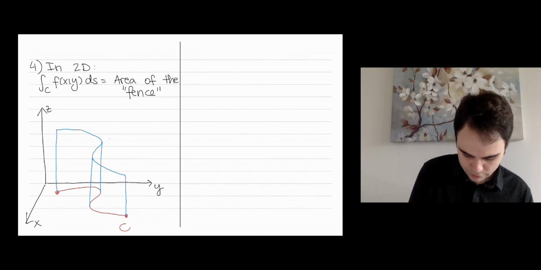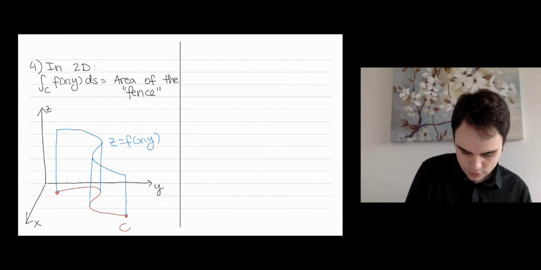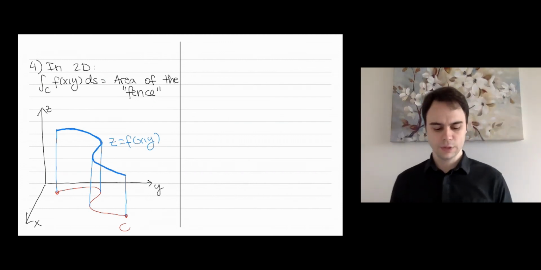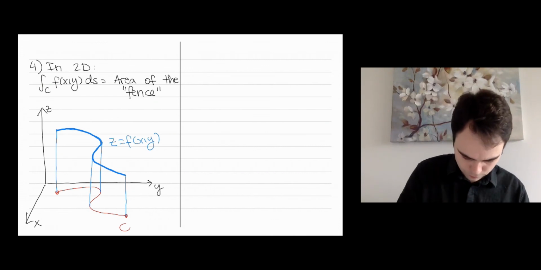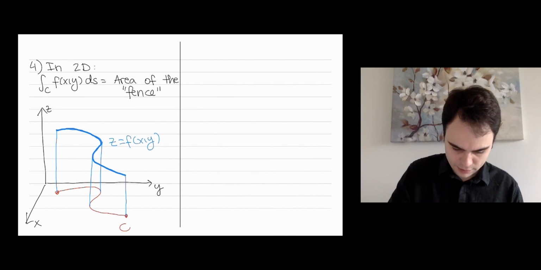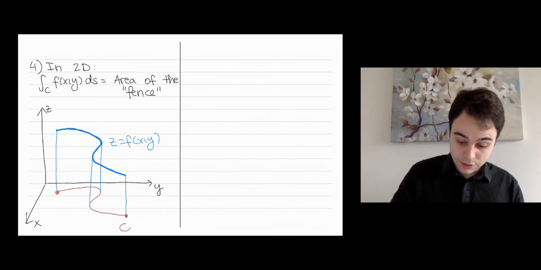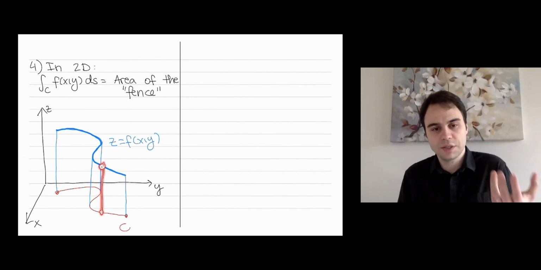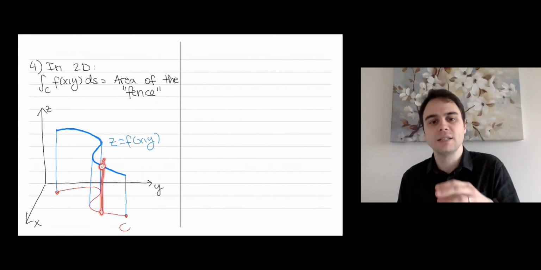In blue, I have the graph z equals f of x, y. If you give me a point x comma y, then the point on the graph has the same x and y, and the height is f of x, y.